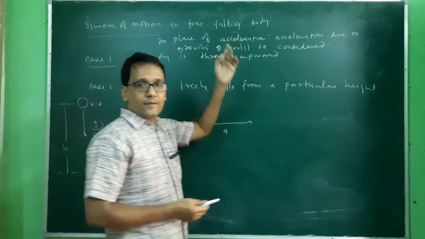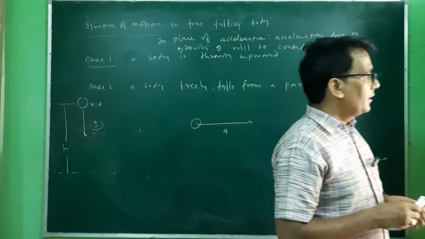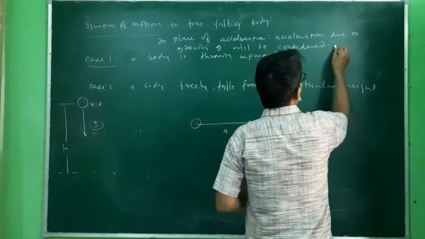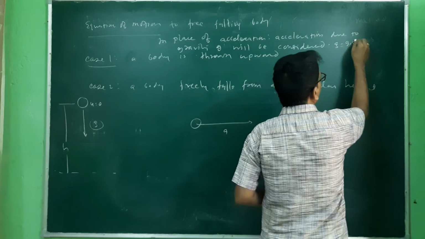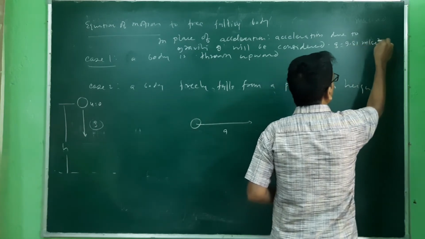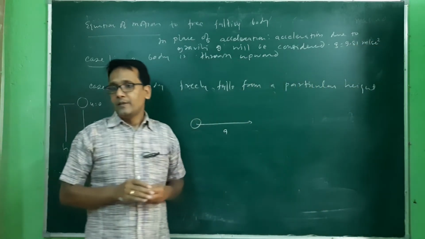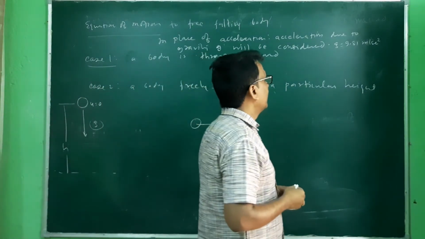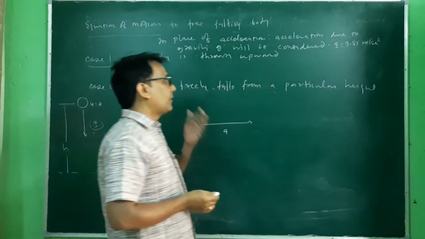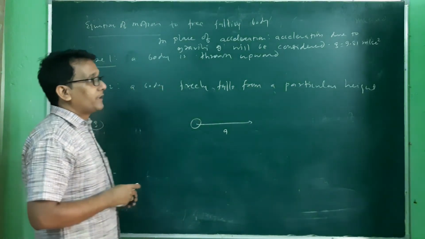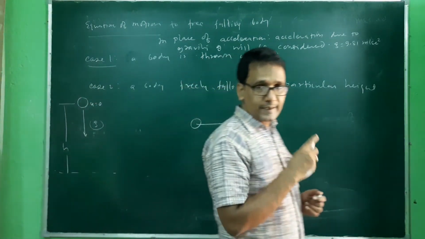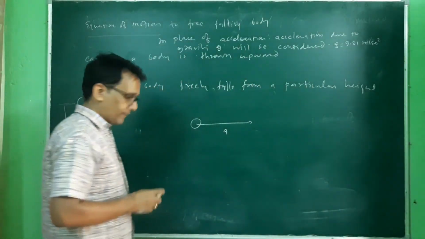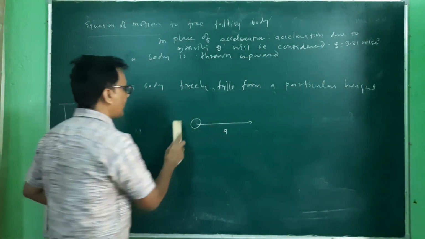The details are given in the gravitational chapter, but the value of g is 9.81 meter per second square on the surface of Earth at a simple height, not a maximum height, in MKS SI unit. In CGS unit, that will be 981 centimeter per second square.